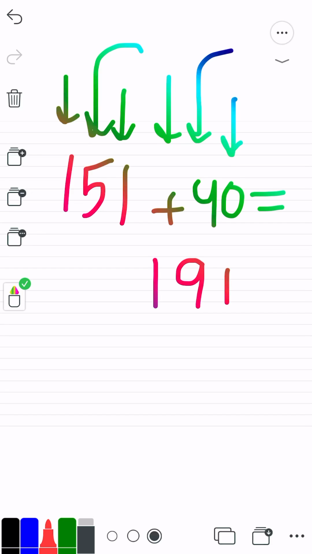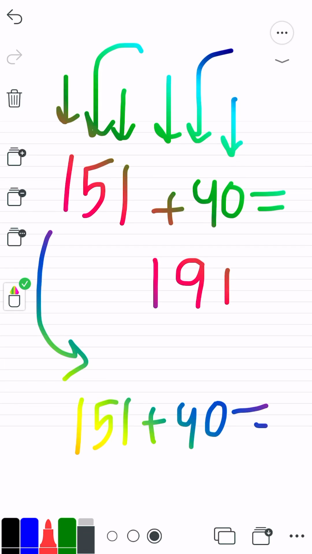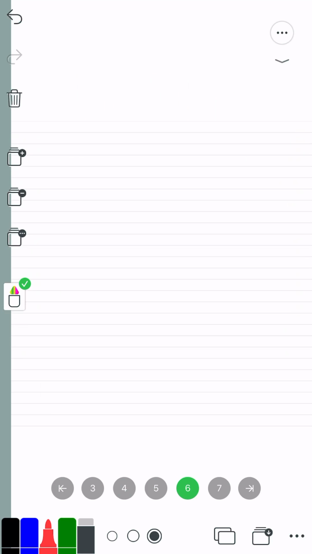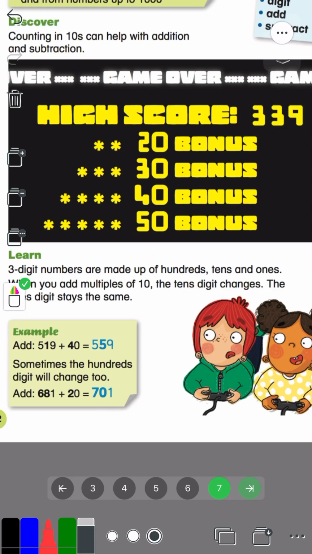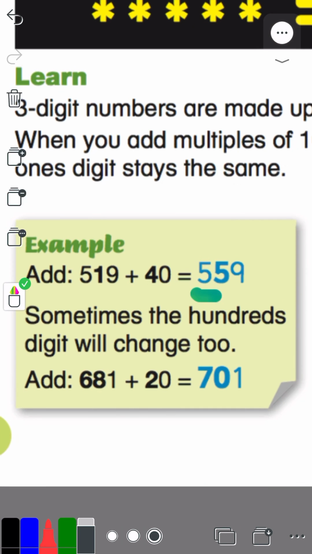But we can also do the same addition here by only adding 4 to the tens. 151 plus 40, that could be done by adding 4 to the tens. So 5 plus 4 equals 9, and 1 and 1. Look here. In any 3-digit number, we always have the hundreds digit, the tens digit, and the ones digit.